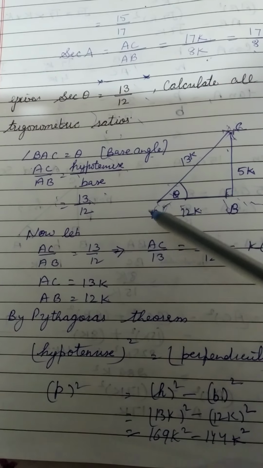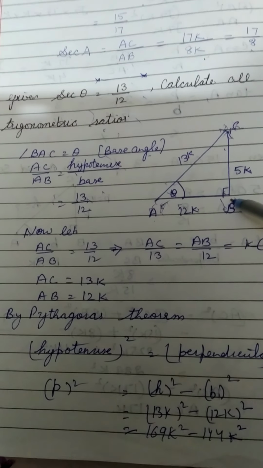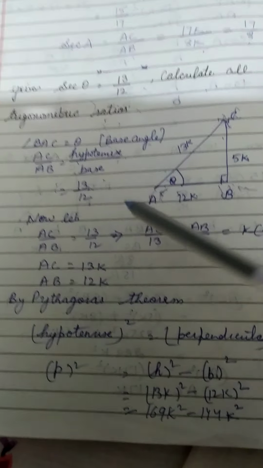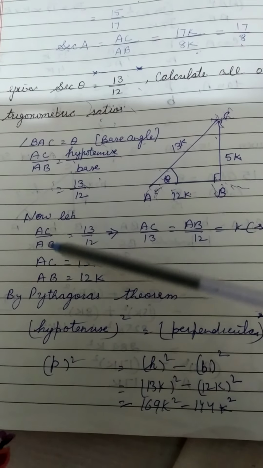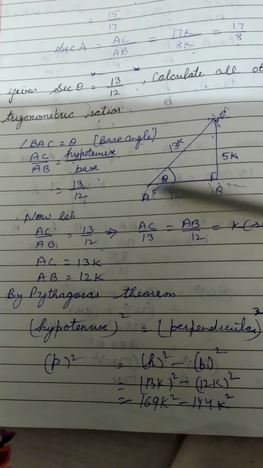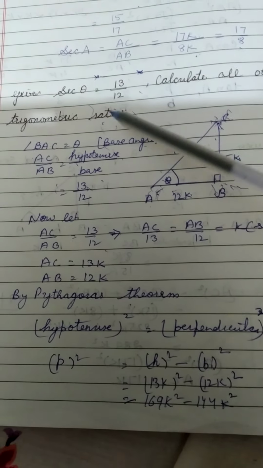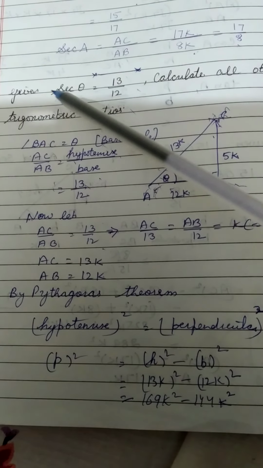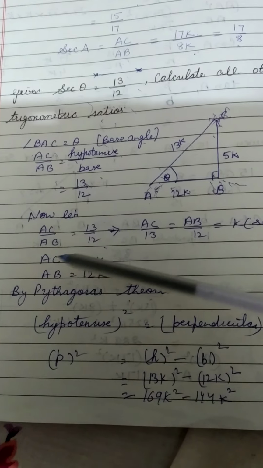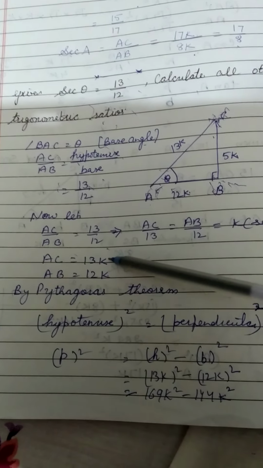Hypotenuse is AC and base is AB. It is 13K and it is 12K. Now AC by AB is equal to 13 by 12, because secant theta is given.